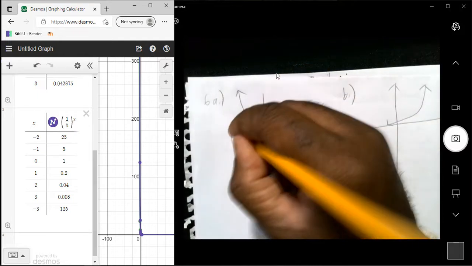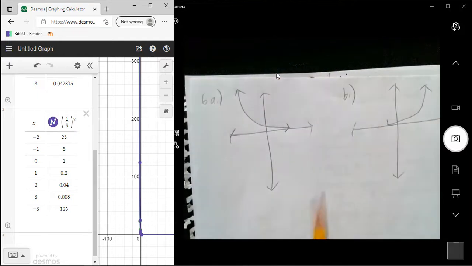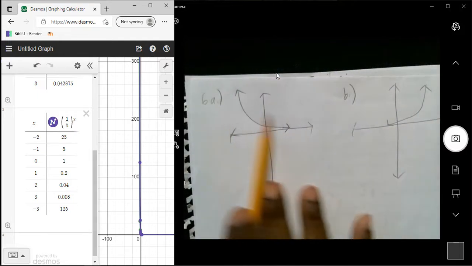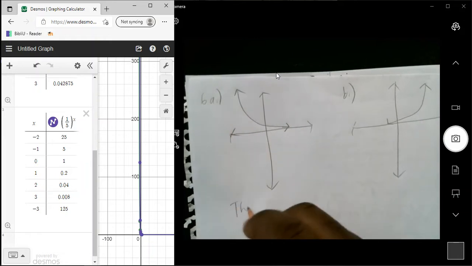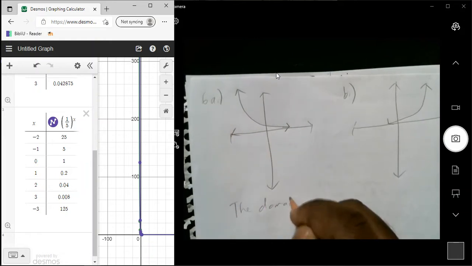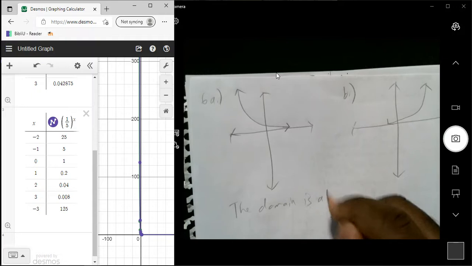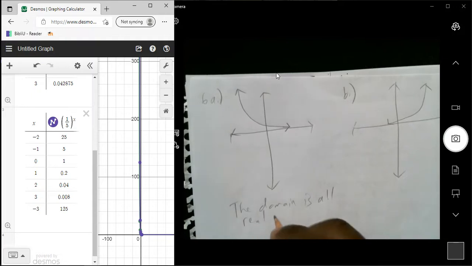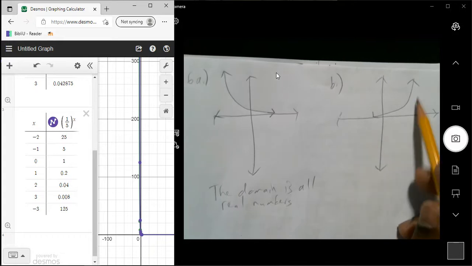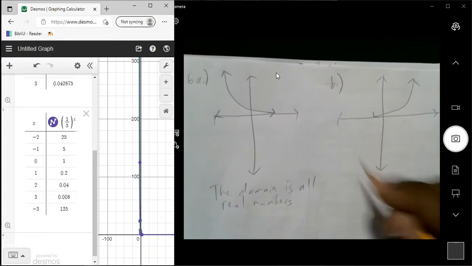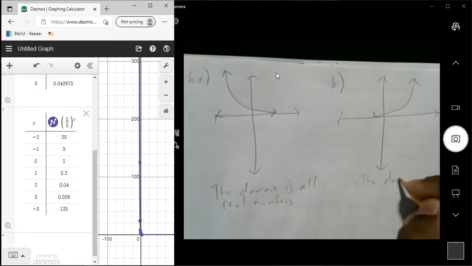Domain is determined by the x-axis. So this graph here can be any x value. So the domain is all real numbers. And it's the same thing for B. There's no restriction on x here. So the domain is all real numbers.